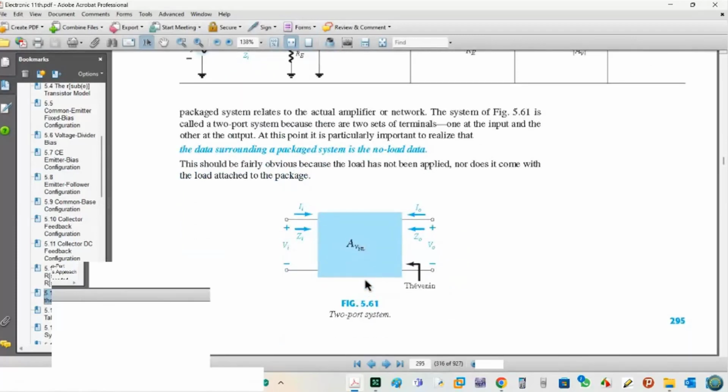Two-port system approach, it's a system like this one.